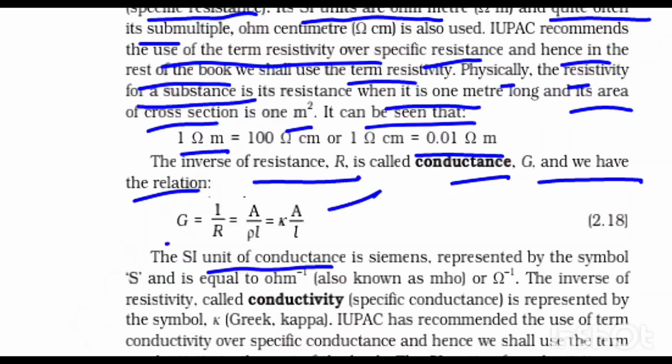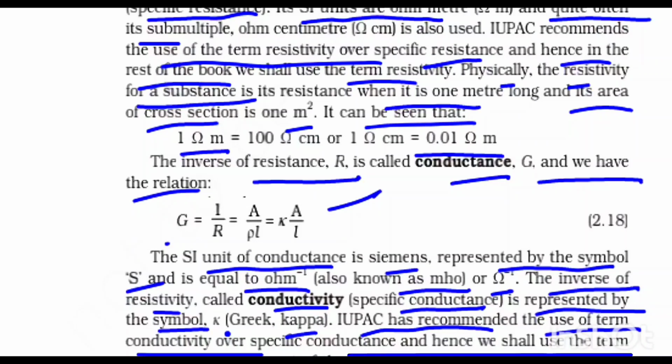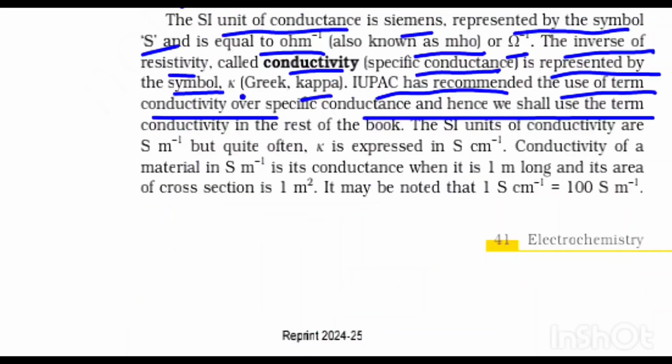The SI unit of conductance is Siemens, represented by the symbol S, and is equal to ohm inverse, also known as mho. The inverse of the resistivity, called conductivity or specific conductance, is represented by the symbol kappa, Greek kappa. IUPAC has recommended the use of the term conductivity over specific conductance, and hence we shall use the term conductivity in the rest of the book.